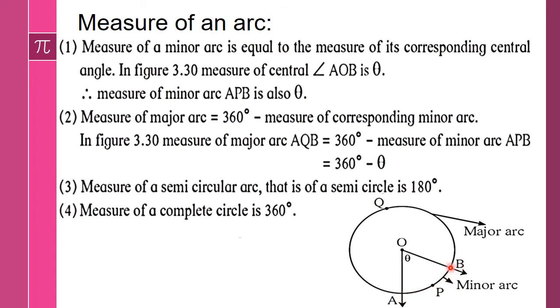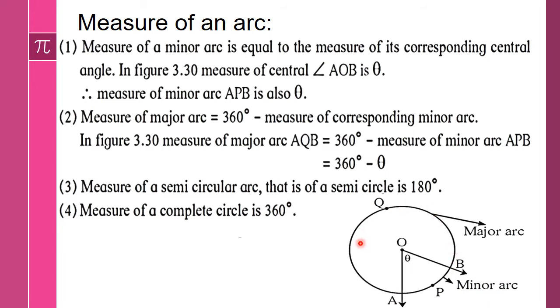That means the measure of arc APB is equal to theta. Once you get the measure of APB, the measure of AQB is easy to find, since you know that the measure of a full circle is 360 degrees. This small piece of it, APB, is theta degrees.